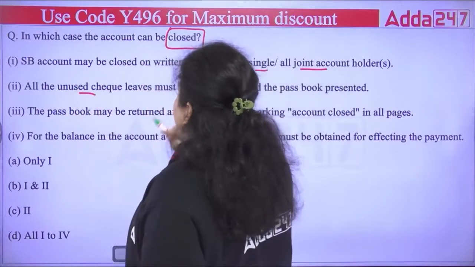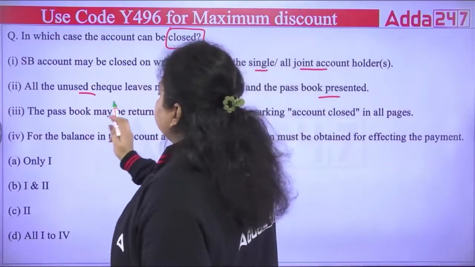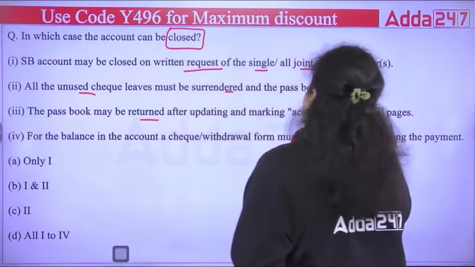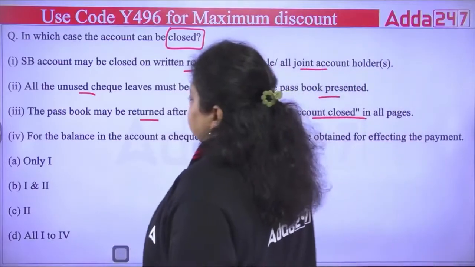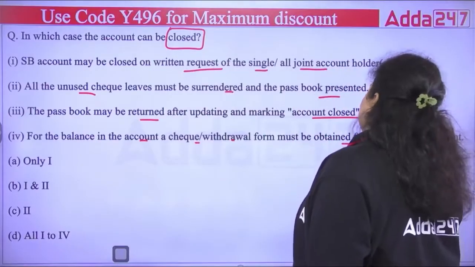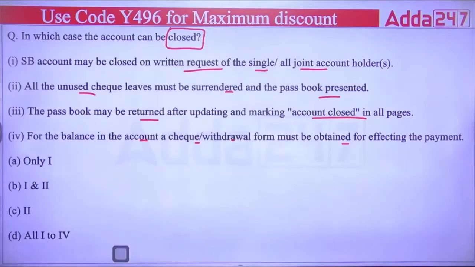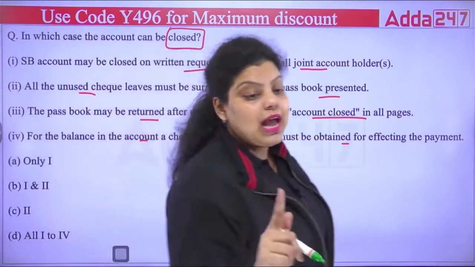All the unused check leaves must be surrendered and the passbook presented. The passbook may be returned after updating marking account closed in all pages. For the balance in the account, a check withdrawal form must be obtained for effecting the payment. So out of these statement, in which case the account can be closed?